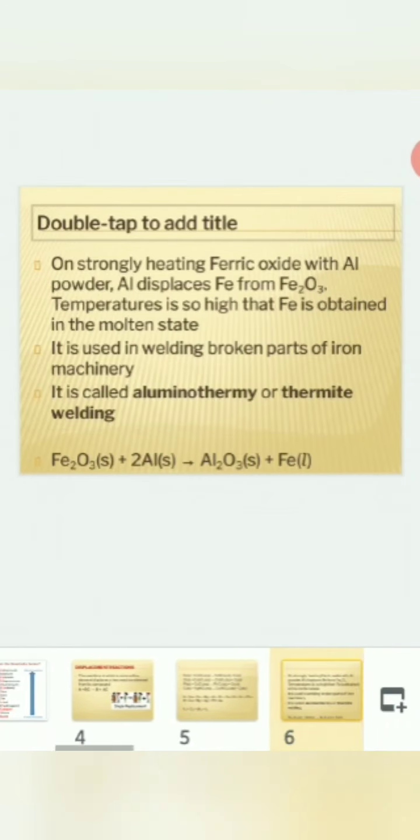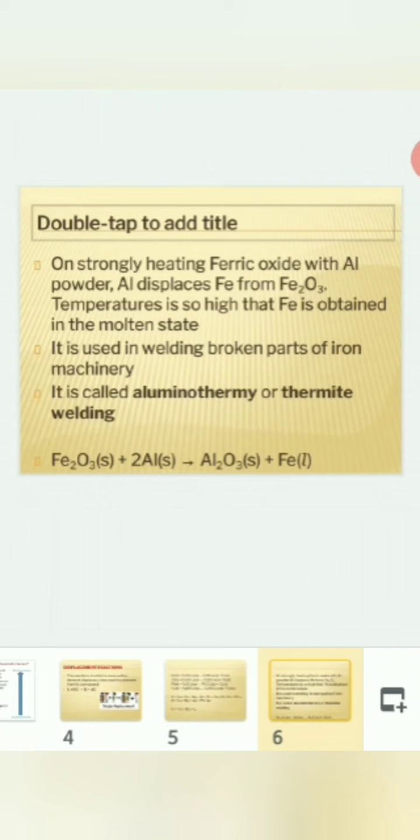Next you will see on strongly heating ferric oxide with aluminium powder, aluminium displaces iron from ferric oxide. Temperature is so high that iron is obtained in the molten state. So it is used in welding broken parts of iron machinery, and it is called aluminothermy or thermite welding.